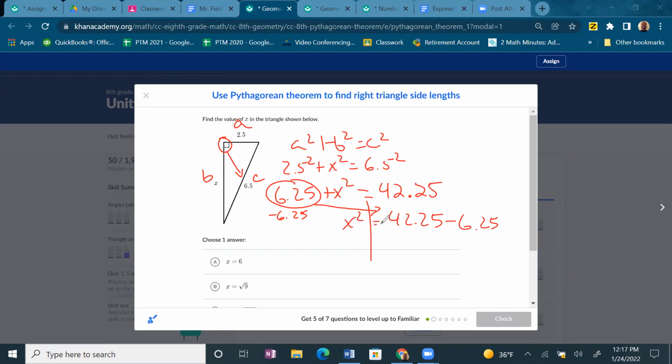In any case, we end up with 42.25 minus 6.25, which is 36. We'll take the square root of both sides, and that is a perfect square, 6. So that's how you do that.